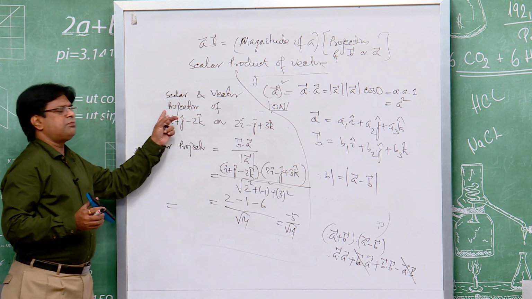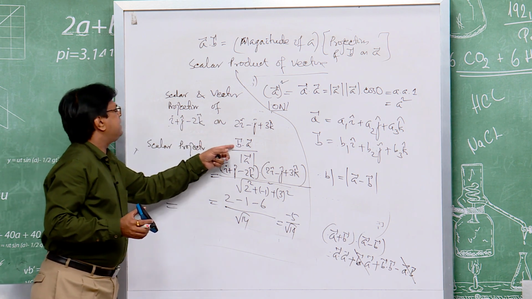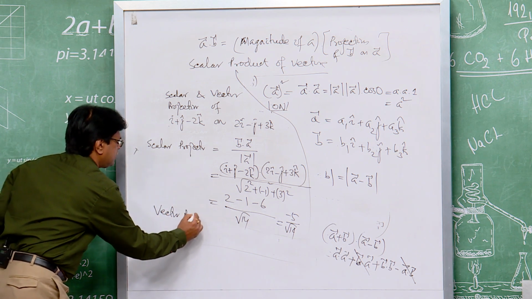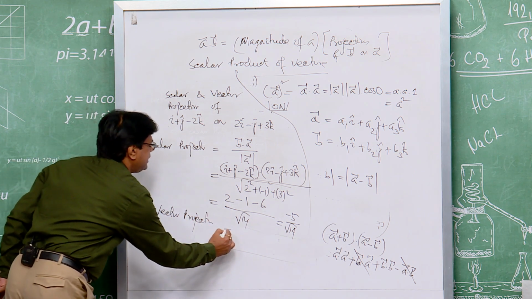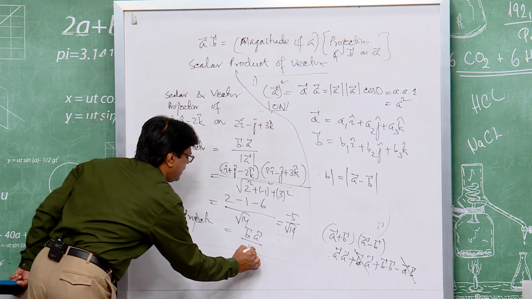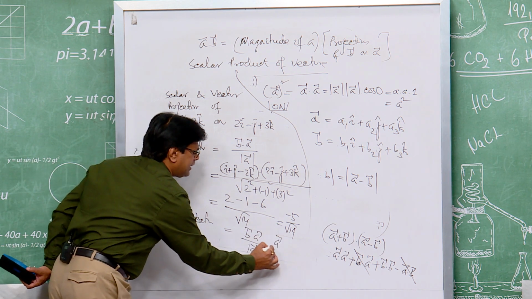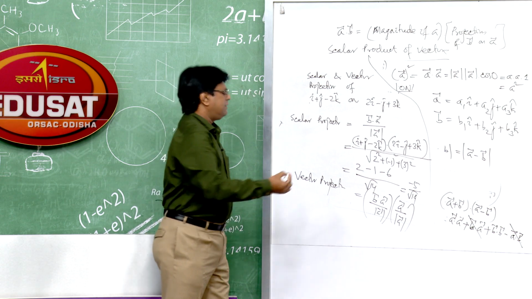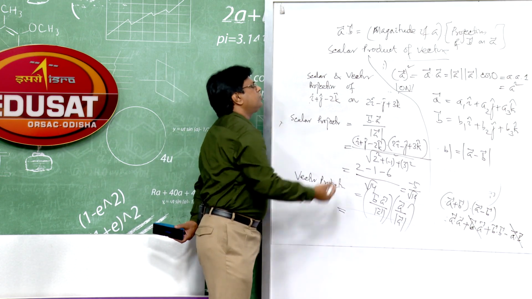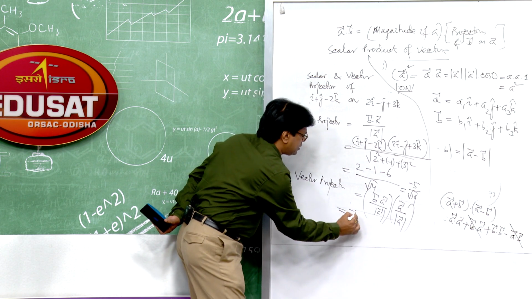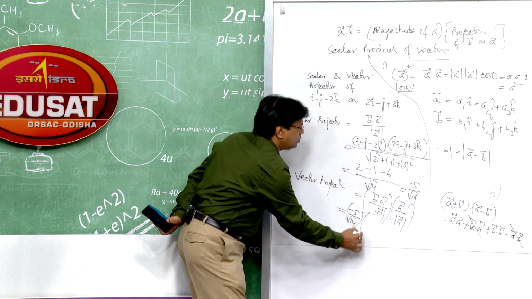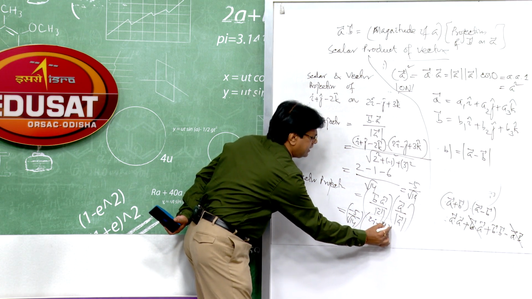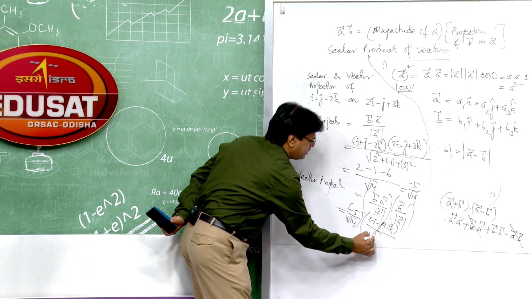Suppose you have to find the vector projection of B on A. We can easily find it: that is B dot A by A magnitude into A vector by A magnitude. So that is minus 5 by root over 14 into (2i minus j plus 3k) by root over 14.